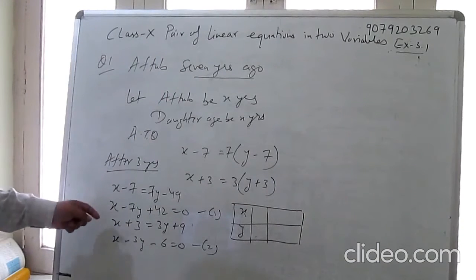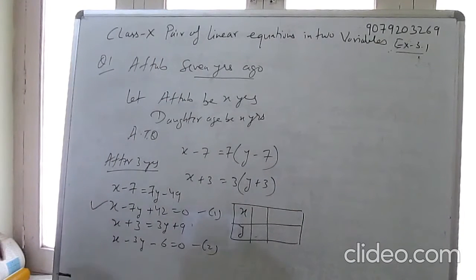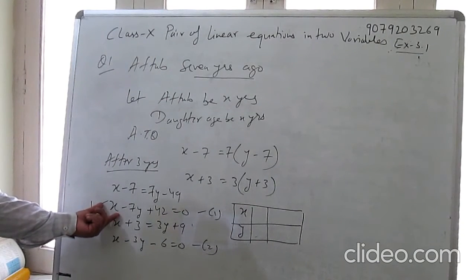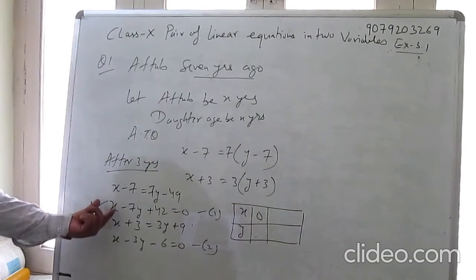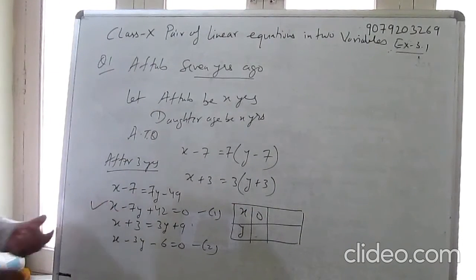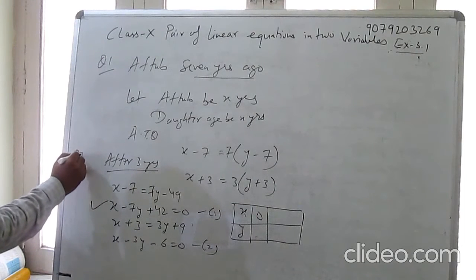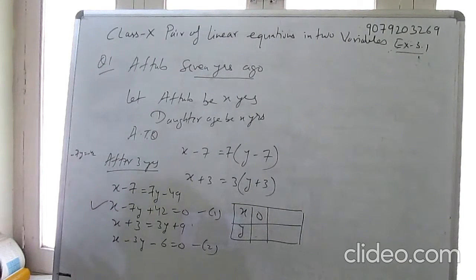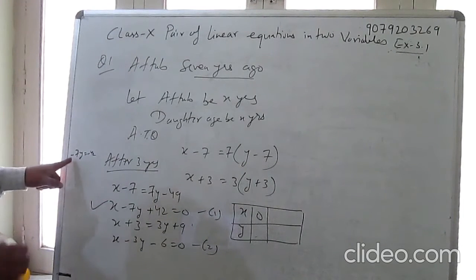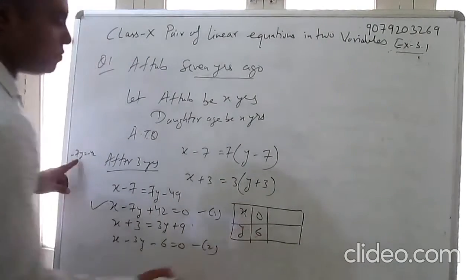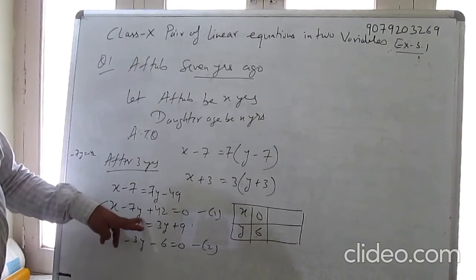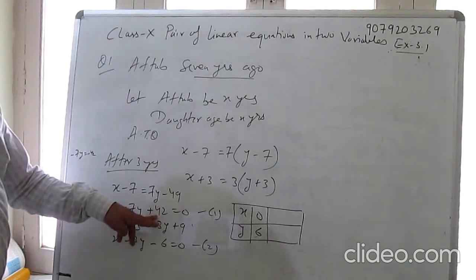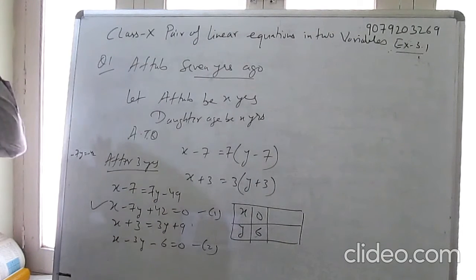If I take x is equal to 0, what does y become? Then minus 7y is equal to minus 42. Taking 42 to the other side, y becomes 6. Substituting x 0 and y 6, minus 42 plus 42 is 0. Left hand side is equal to right hand side.